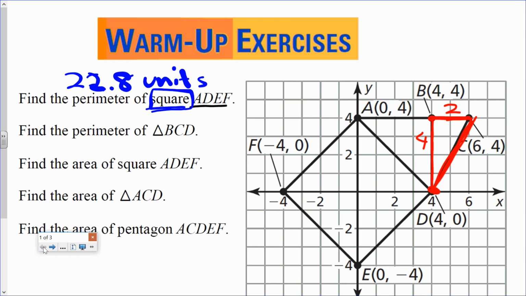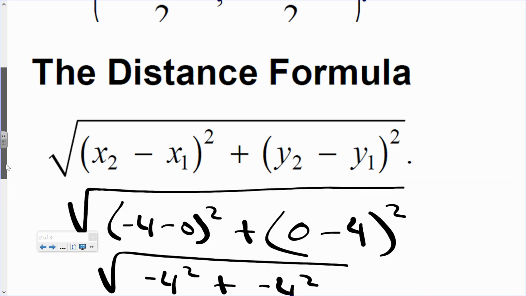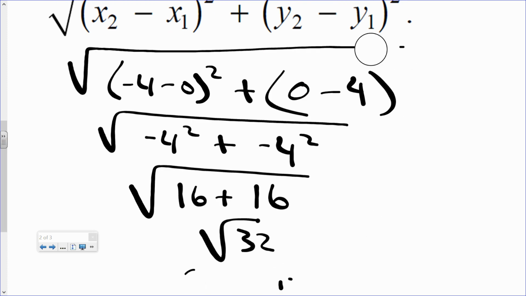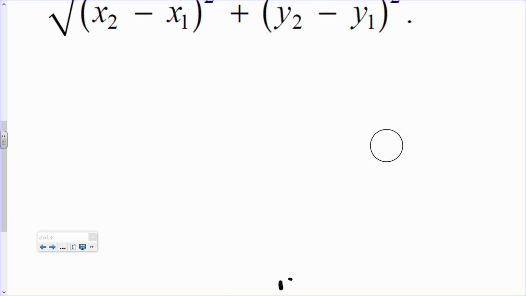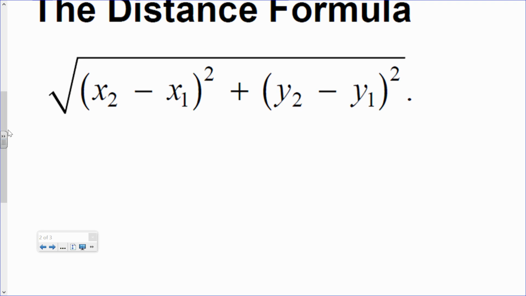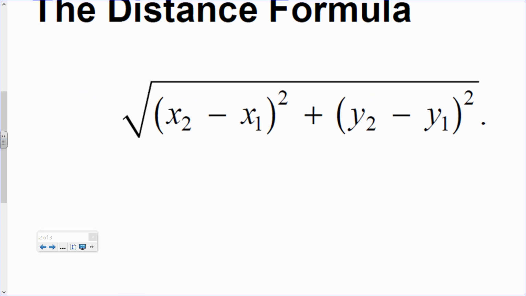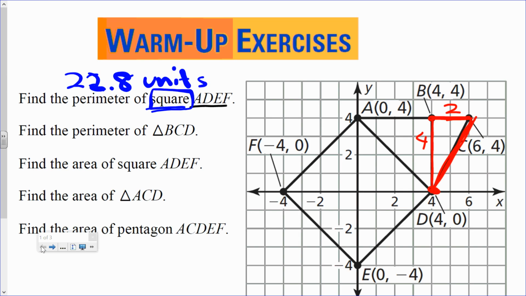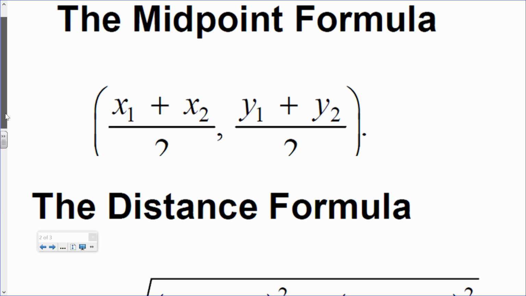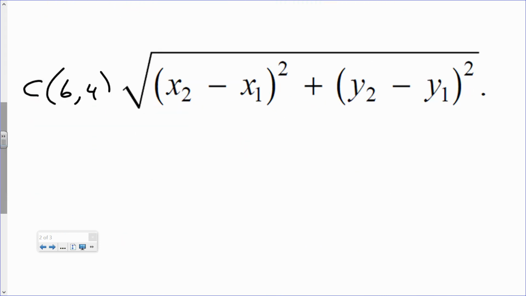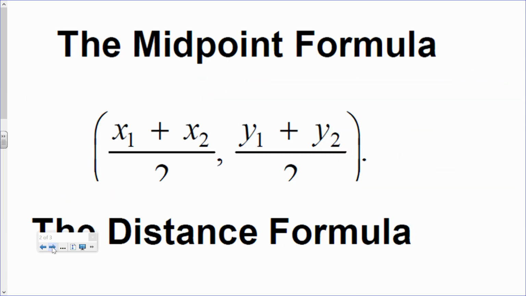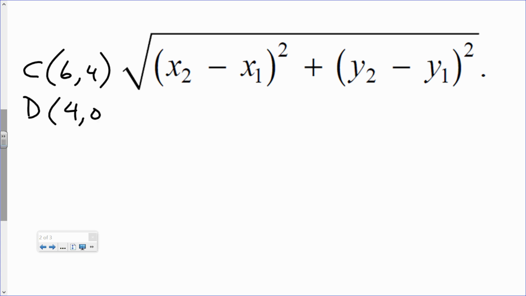So C is 6, 4, and D is 4, 0. C was 6, 4. And D was 4, 0.